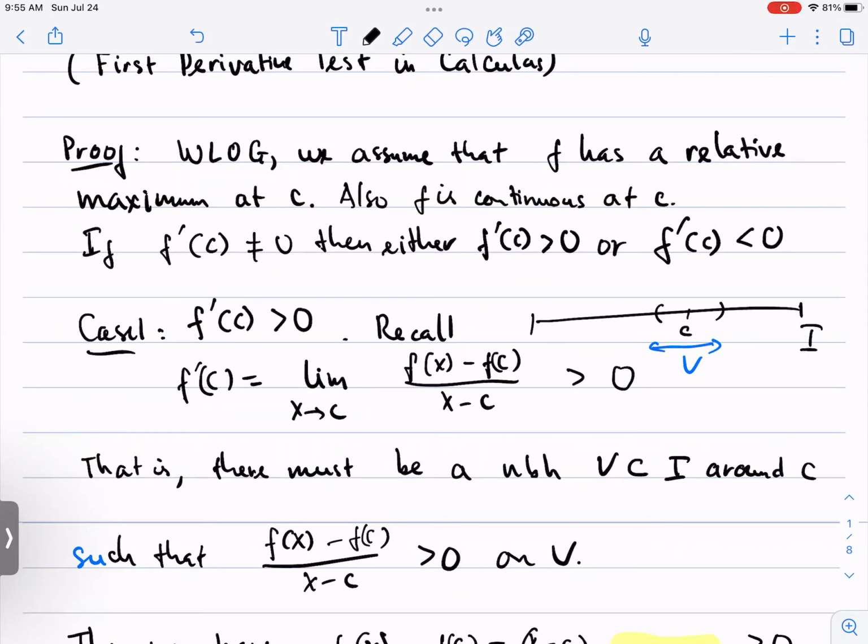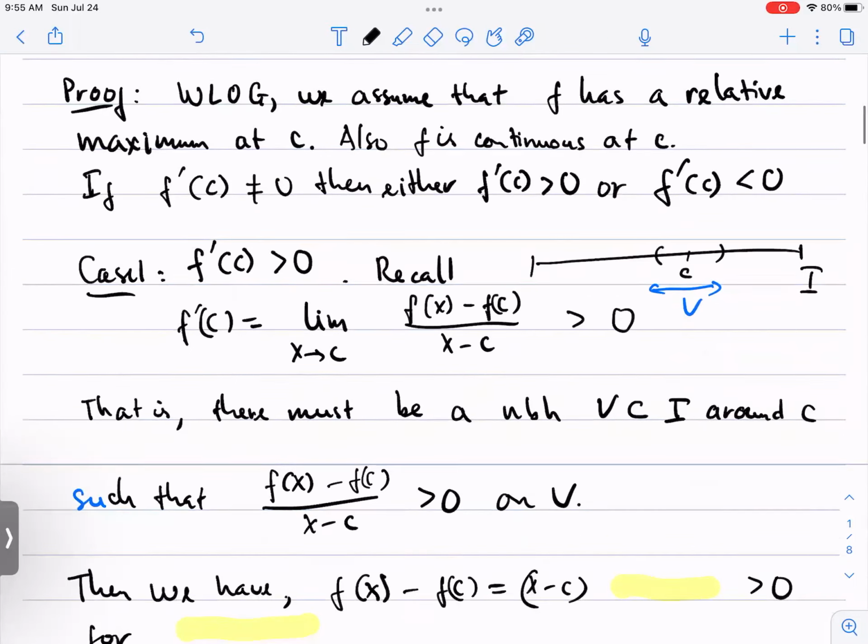Recall the definition of a derivative. F prime of C is essentially the limit of an expression. That is, it equals the limit when x approaches C of the quotient f of x minus f of c divided by x minus c. In this case, the limit is bigger than 0.